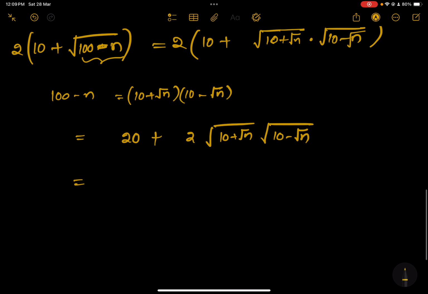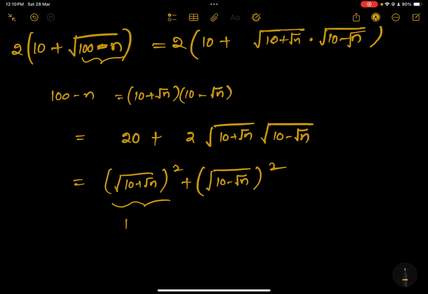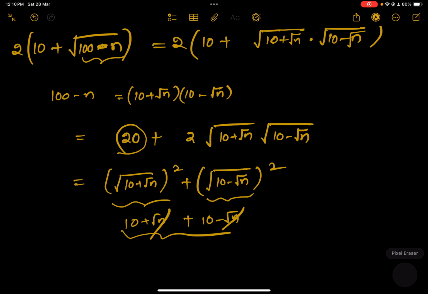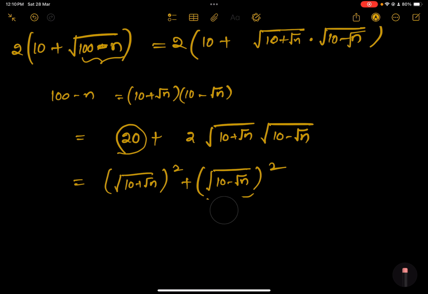So this 20 can be written as root of 10 plus root n whole square plus root of 10 minus root n whole square. If you expand this, you will get 10 plus root n, and if you expand this, you will get 10 minus root n. Eventually this and this will get cancelled, and your 10 plus 10 will give you 20. So that 20 can be written like this, plus 2 times root of 10 plus root n multiplied by root of 10 minus root n.